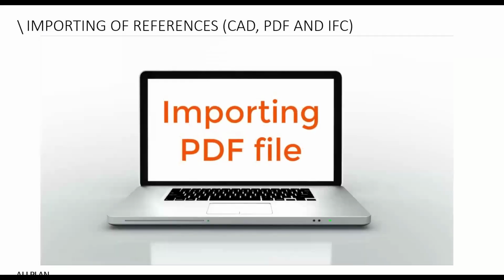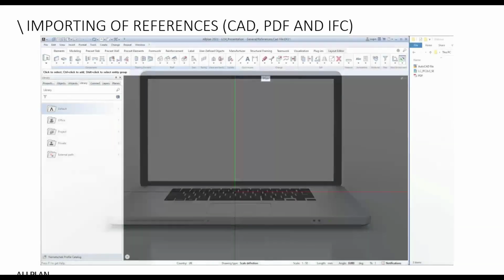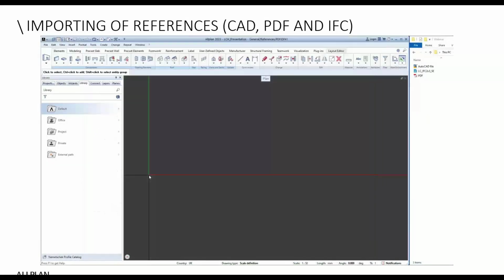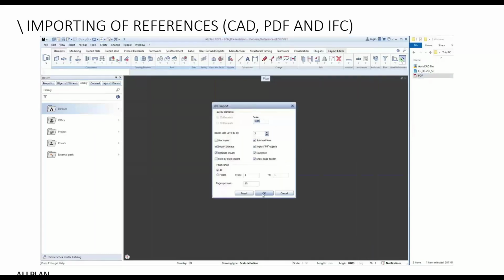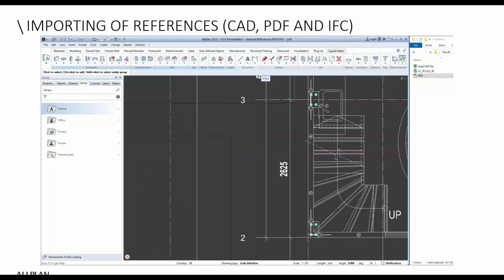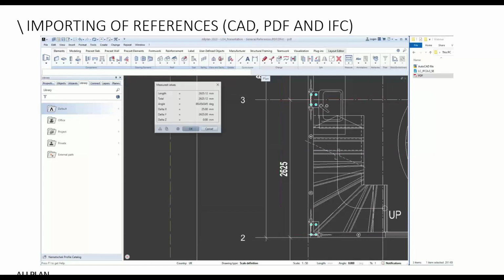The next one is for the PDF file. We just go to the file that you want to save, select the file, and drop. Again, you can check if you have imported the correct scale.